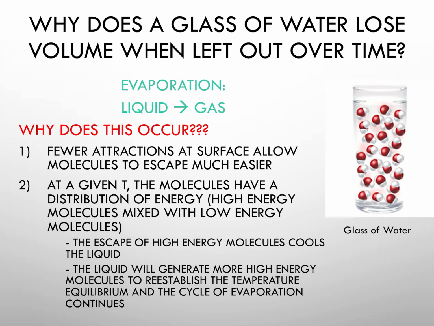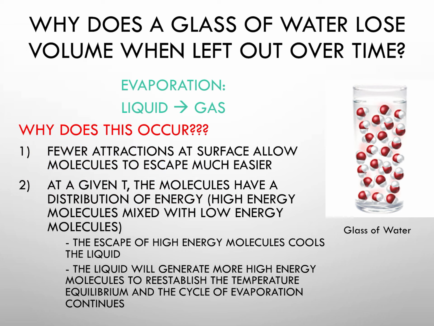That's how we actually define temperature, as an average kinetic energy, but that is an average, which means that some of the molecules have a higher energy than this average, and some of them have a lower energy than this average. So if we happen to have a really high energy molecule at the top of the glass of water, that molecule may have enough energy to escape.